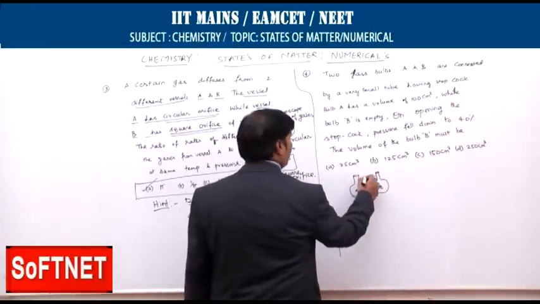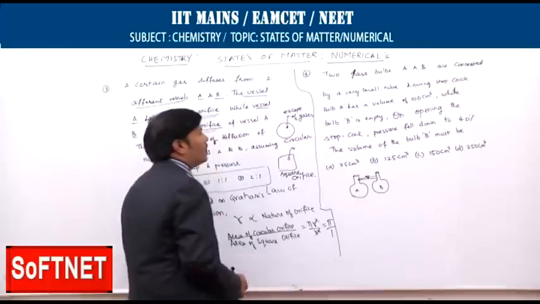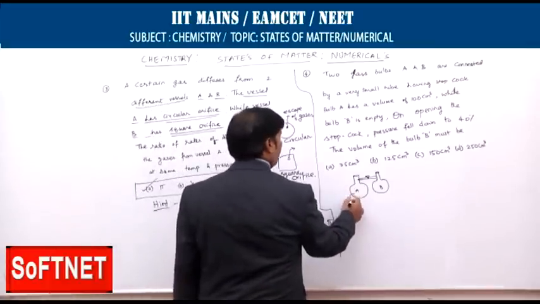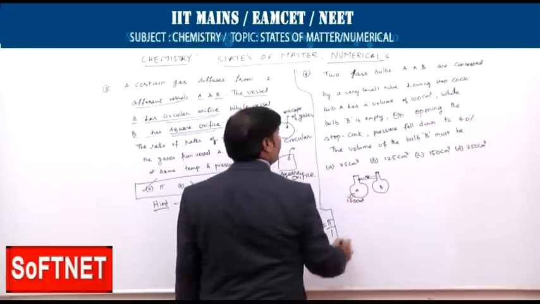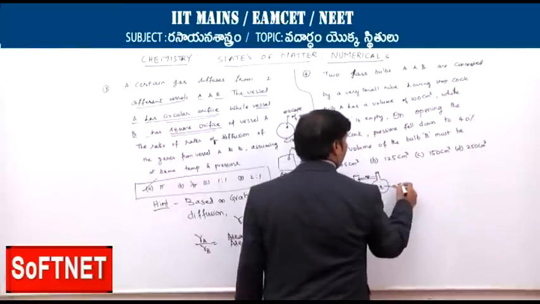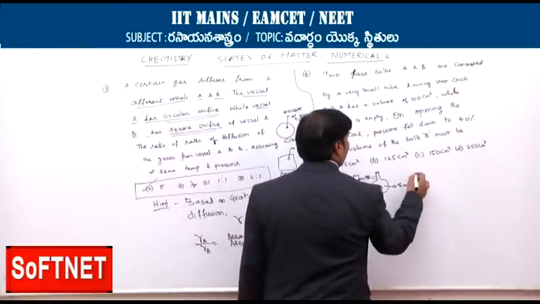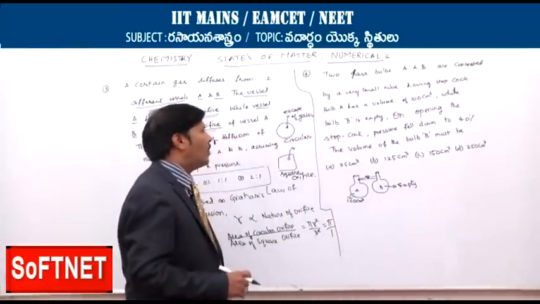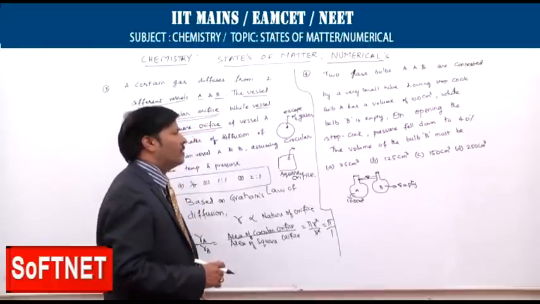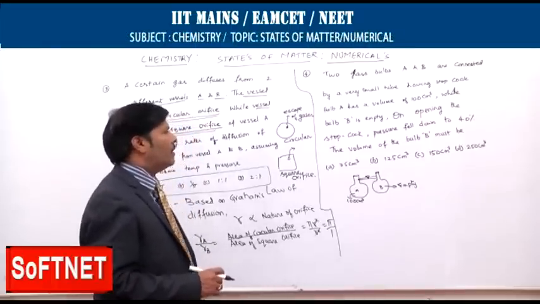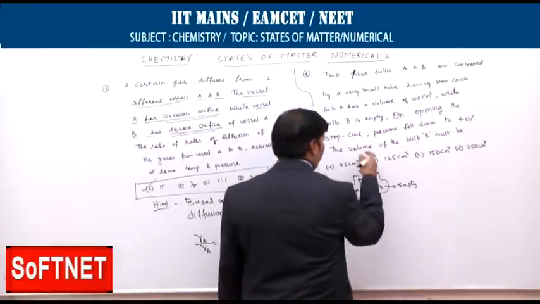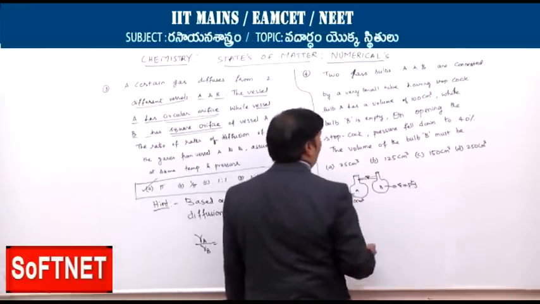Bulb A has a volume of 100 centimeter cube, while the bulb B is empty. Opening the stopcock, the pressure fell down to 40%. What could be the volume of the bulb B?